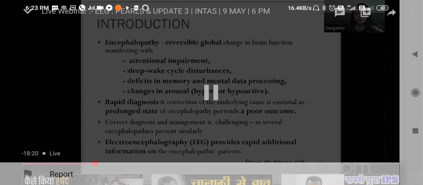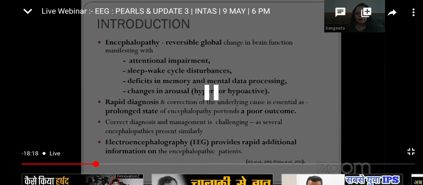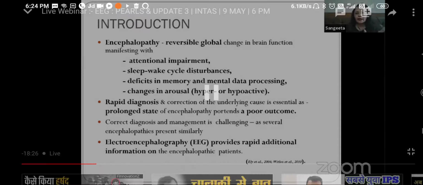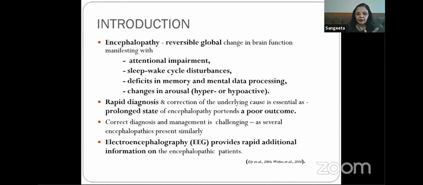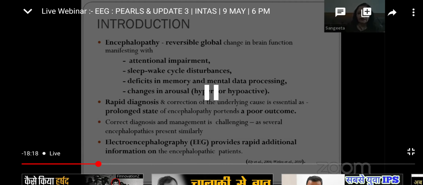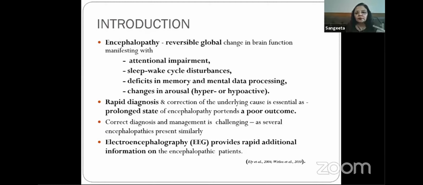So the EEG gives us rapid information on the current brain dysfunction. If you see the current brain dysfunction, then you know what level the patient is at, how to manage this patient, and then you can go over to the etiology.